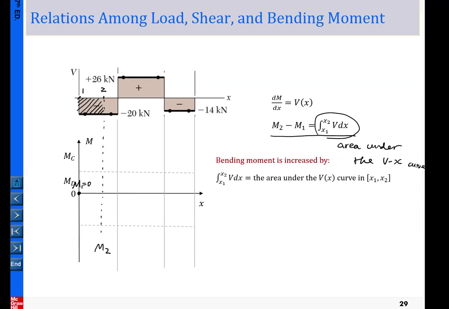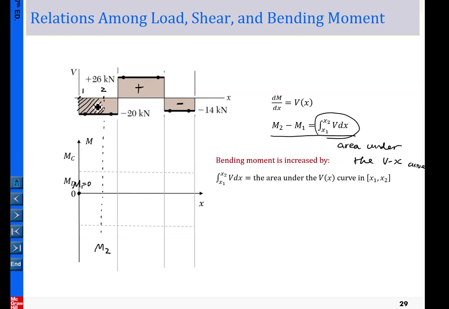So M2 minus M1 equals that amount. When we apply this, you can see I put a sign here. Areas above the horizontal axis are defined as positive, and the area underneath has a negative value. So in this case, this area is negative.